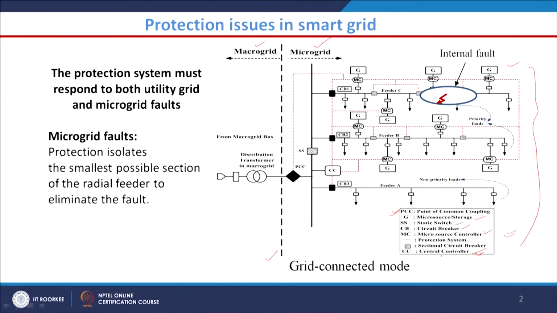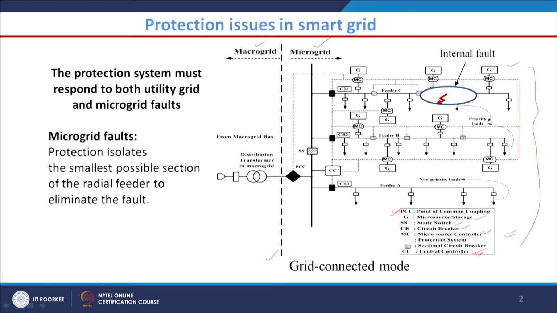In a smart grid system we are designing a central controller system, and also local controller systems. The protection devices will also share data with the central control station, and from there we can take decisions which are more accurate and reliable for the smooth operation of the microgrid system. That is what the CC, the central control system, does.